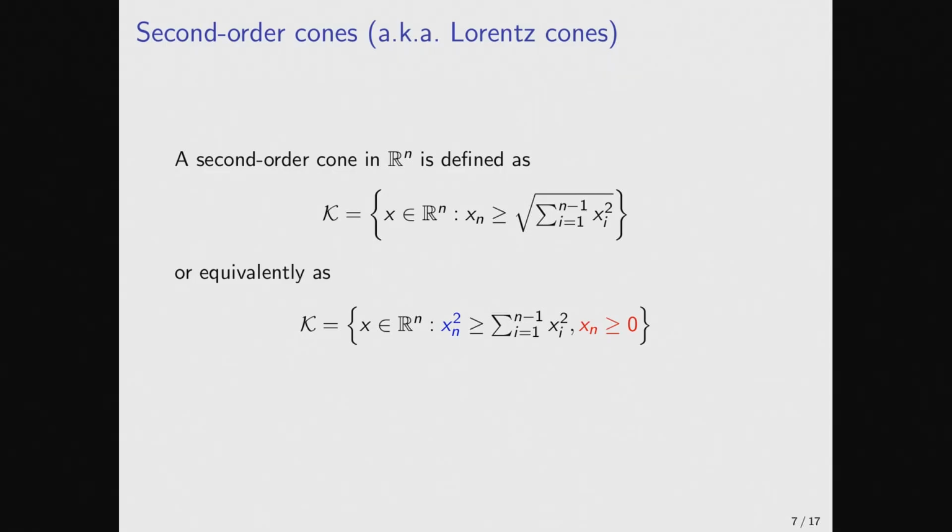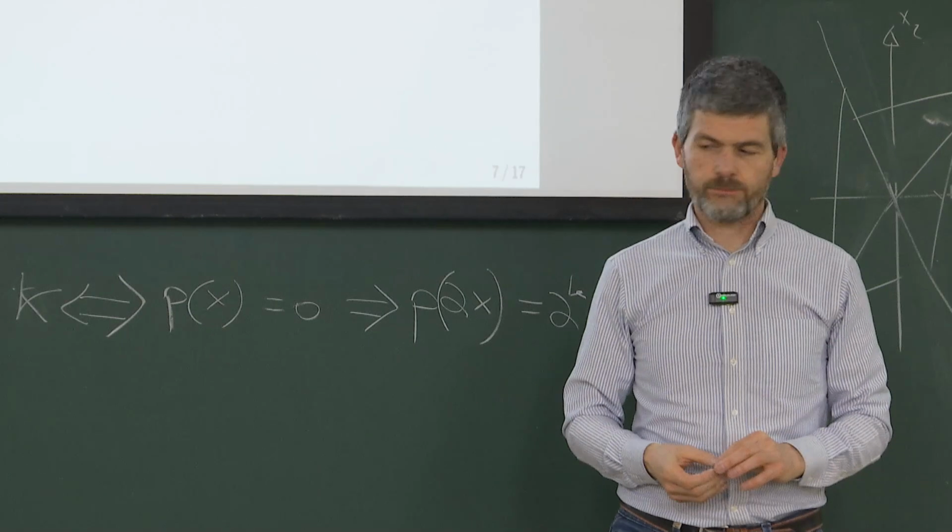Now, in nonlinear optimization and in mixed integer nonlinear optimization, one set that is very, very common is the second order cone. It's defined by both of these two modalities, which are really equivalent. It's the set of n-dimensional points such that one of the dimensions, xn, is greater or equal to the norm of the vector composed by the remaining n-1 coordinates.